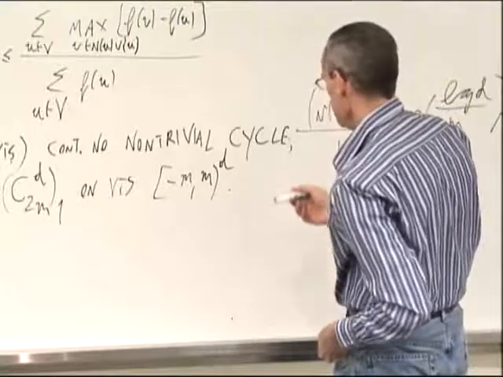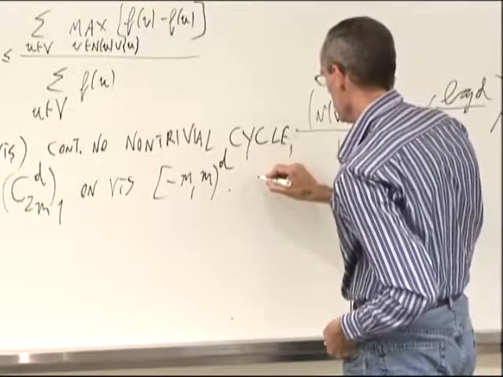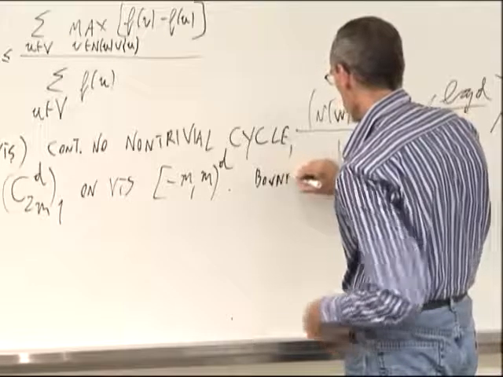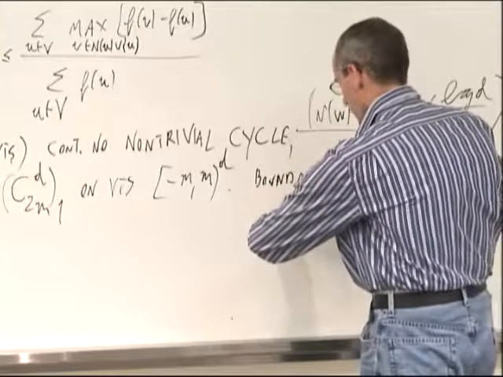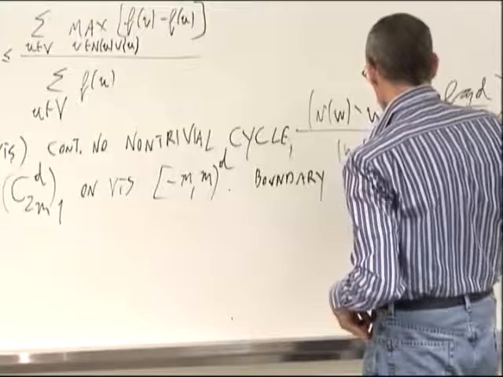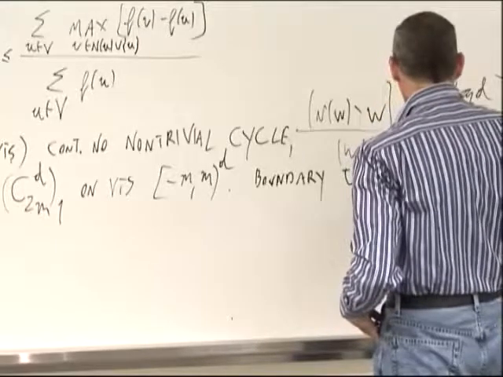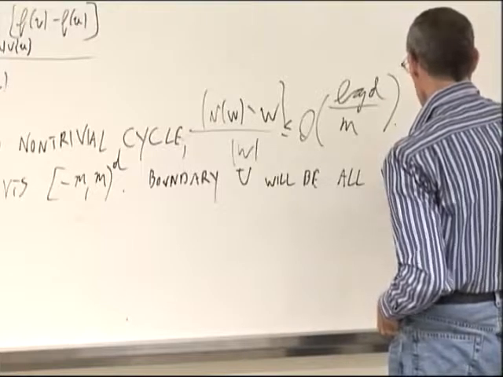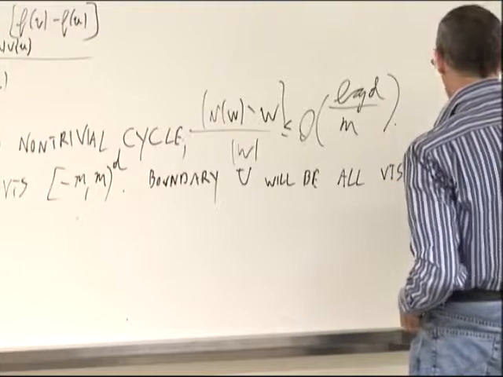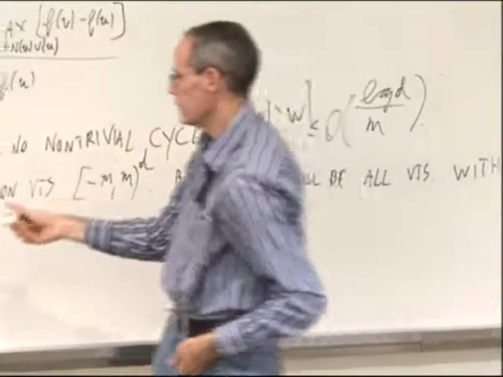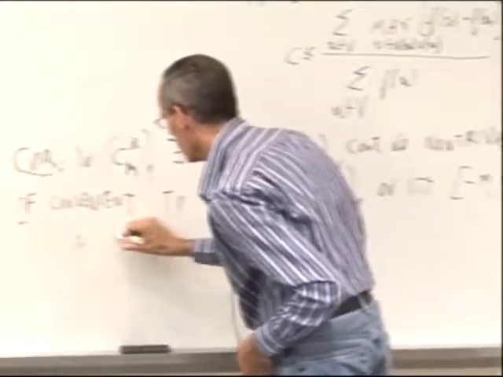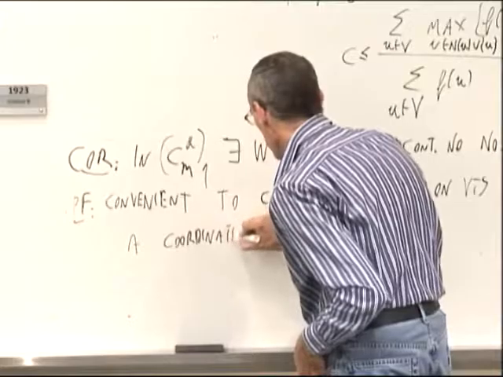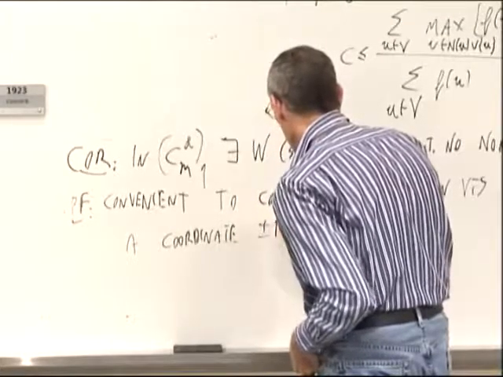We'll define the boundary of U to be all vertices which have a coordinate equal to plus or minus m.